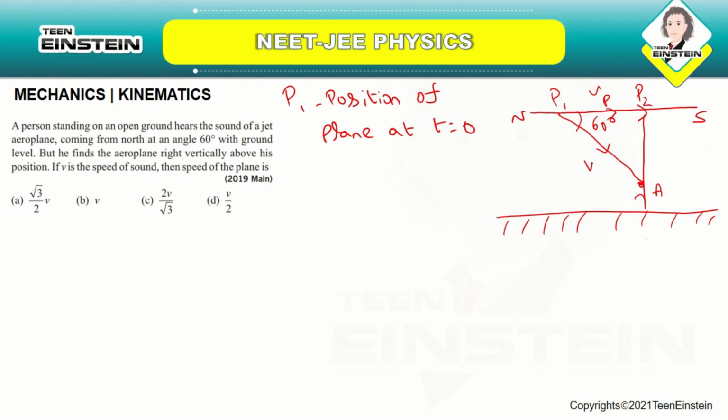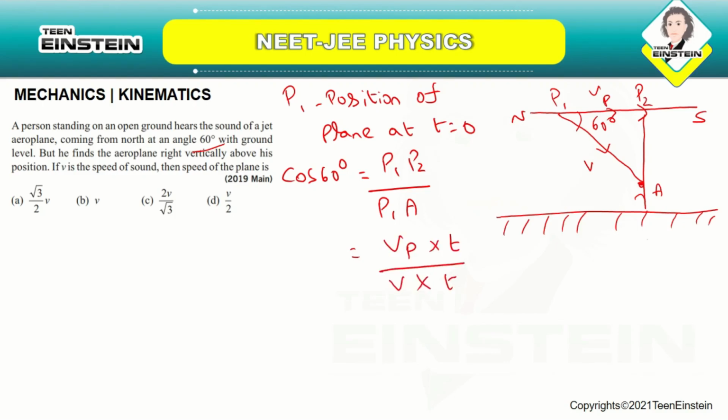As shown here, you can use the angle. The angle is 60 degrees. That's what they have given you from north to south. So, cos 60 degree will be equal to P1P2 by P1A, which is equal to the velocity of the plane into time t divided by v into t, and you know that cos 60 is 1 by 2.